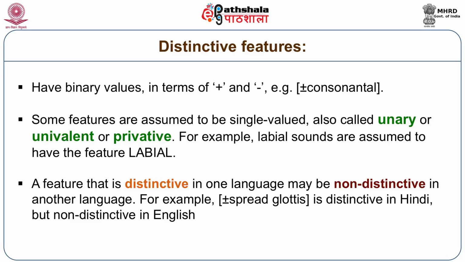For example, in most Indo-Aryan languages, the feature aspiration, for which we have the distinctive feature plus minus spread glottis, is distinctive because the sounds p, ph, b, bh are distinguished. We have minimal pairs. The meanings of words change if we use one for the other.